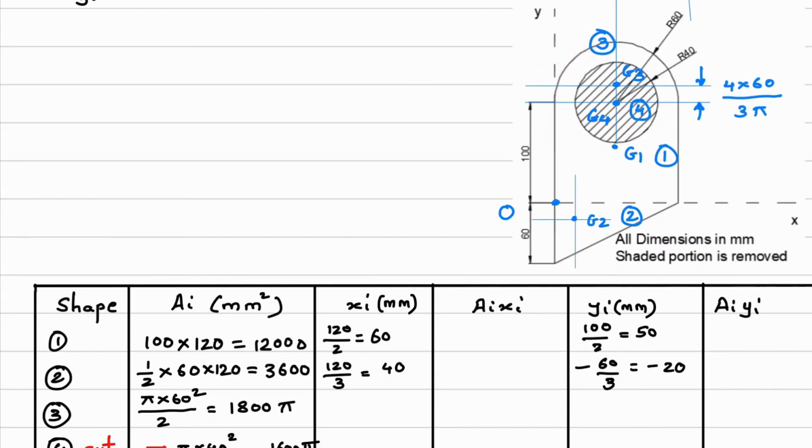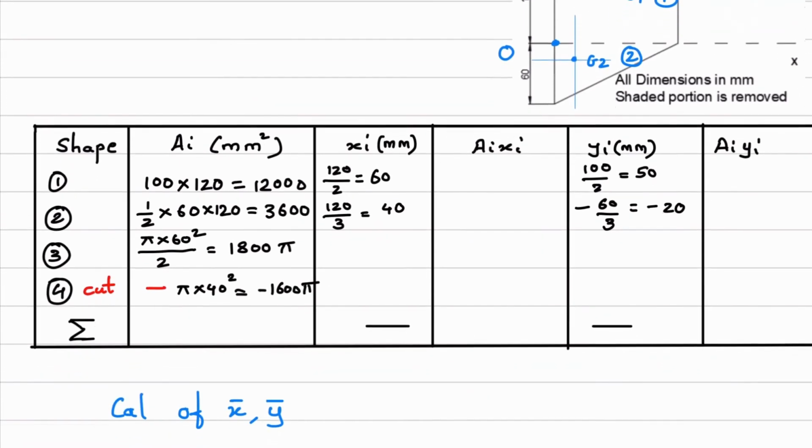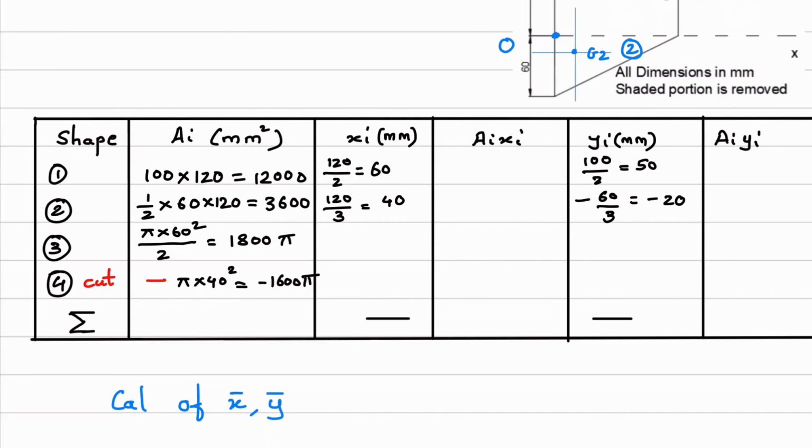Third geometry which we have to consider is semicircle, and for this semicircle, this is G3. What is x distance of G3 from point O? It will be x3. Total is 120 divided by 2, so 120 divided by 2 equal to 60. Next we have to calculate y distance.